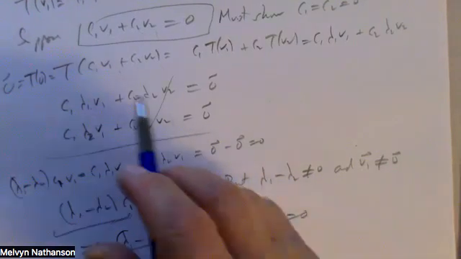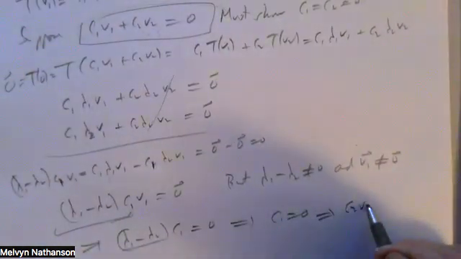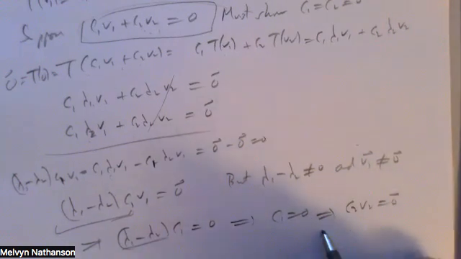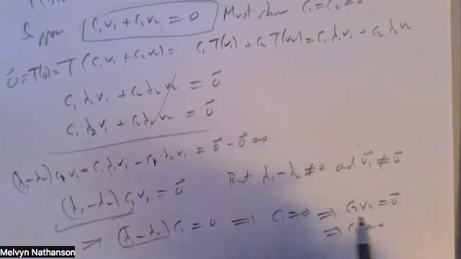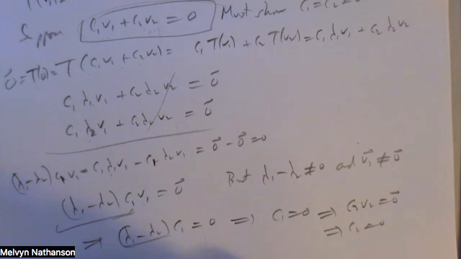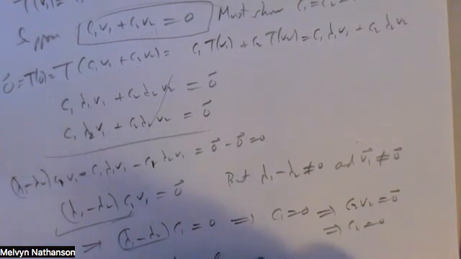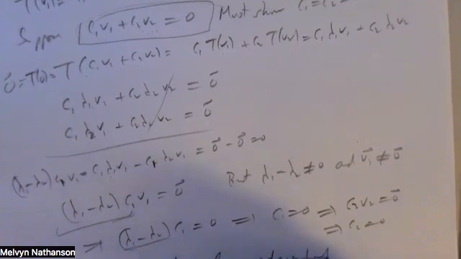And if C1 is 0, C1 V1 plus C2 V2 is 0 means C2 V2 is the zero vector, which means C2 equals 0. So the only linear combination of V1 and V2 which is 0 is the trivial linear combination. So V1, V2 are linearly independent vectors.